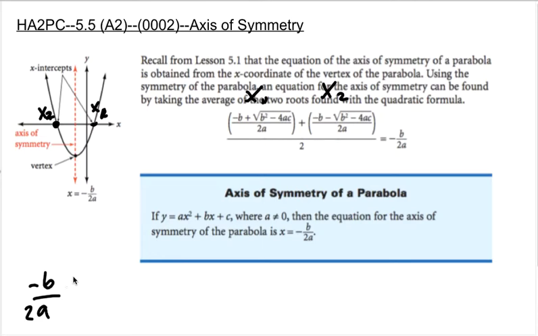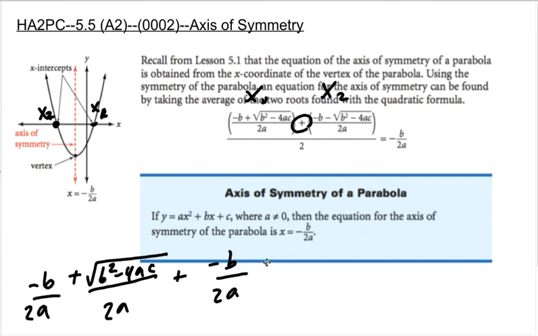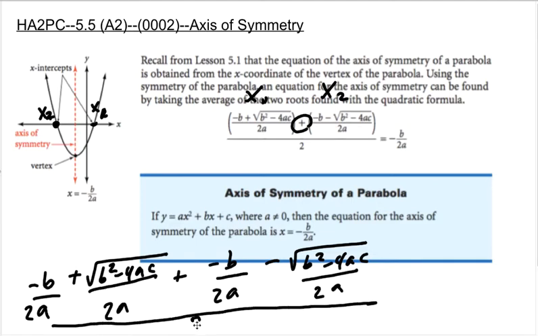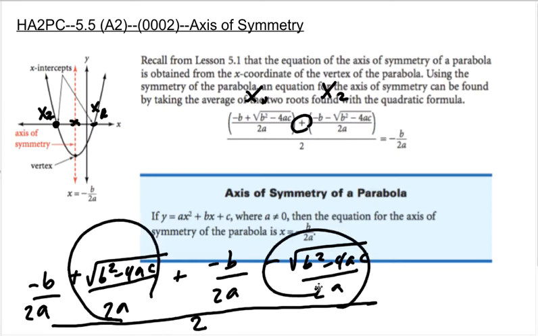So if we take this plus this ugly square root, b squared minus 4ac, all over 2a, and add that to this negative b over 2a minus the square root of b squared minus 4ac all over 2a. Since we're averaging those to find the midpoint of those two values, because that would be the middle of these two values, what you'll notice is that this thing and this thing conveniently sum to 0.